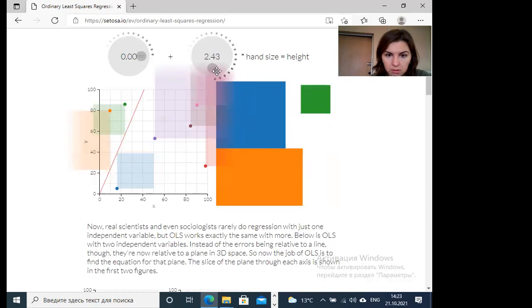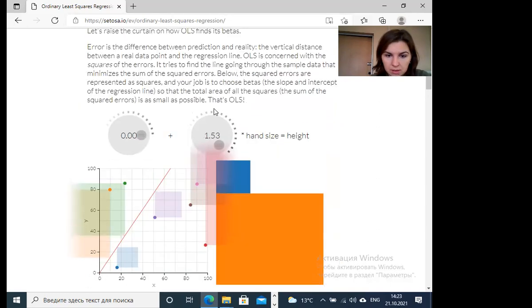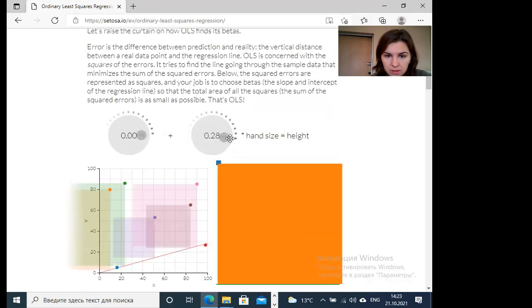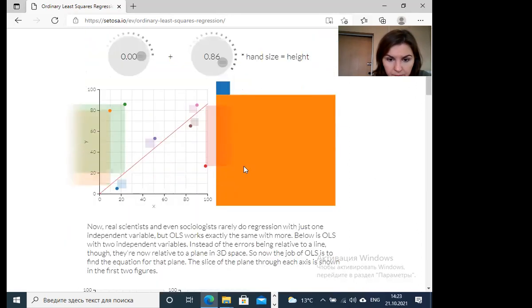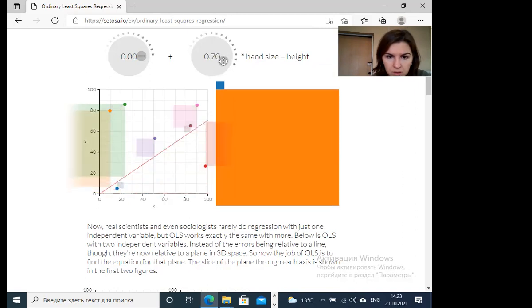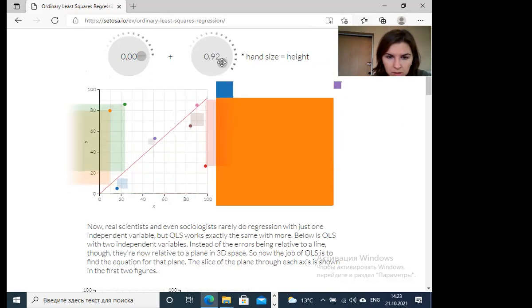Also, you may find different errors. You may see the error between the predicted value and the real value, and it is squared.